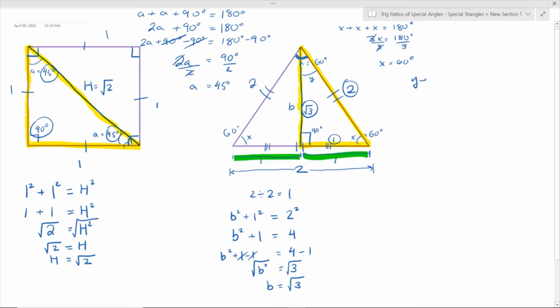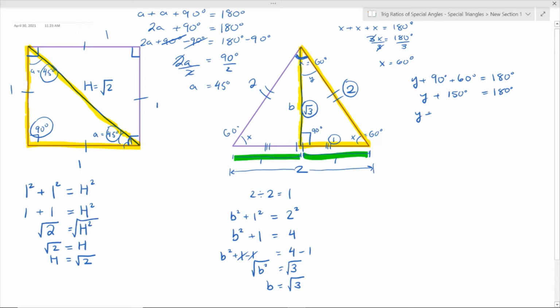So y plus 90 degrees plus 60 degrees is going to give me 180 degrees. So y plus 90 plus 60 degrees, 90 plus 60 degrees is equal to 150 degrees. And that's going to give me 180 degrees.